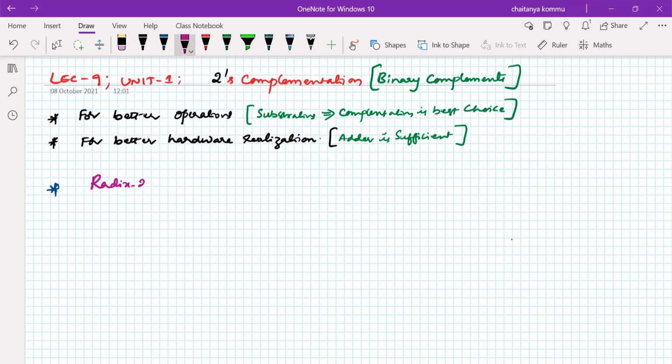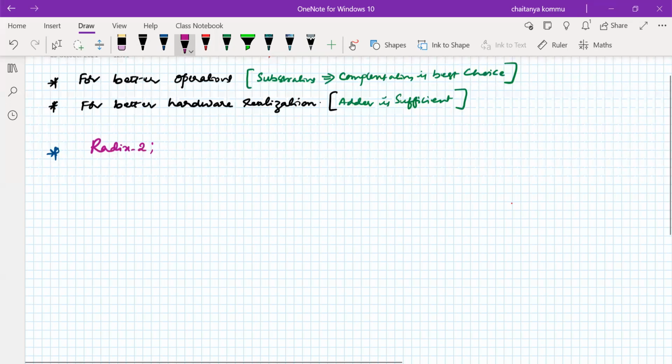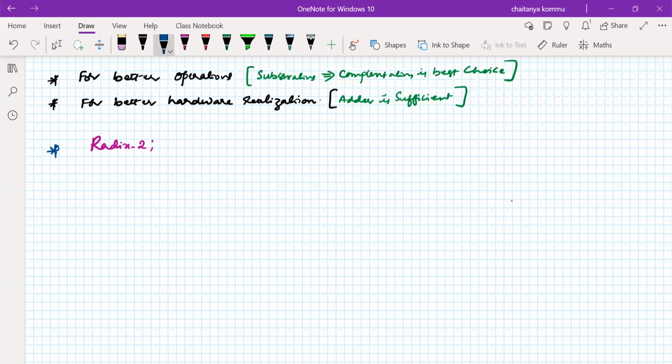So what is its r's complement and r minus 1's complement? R's complement is nothing but 2's complement. As simple as that.